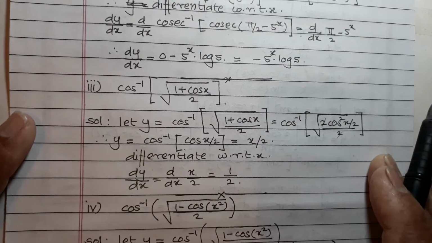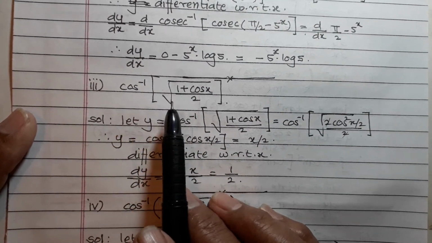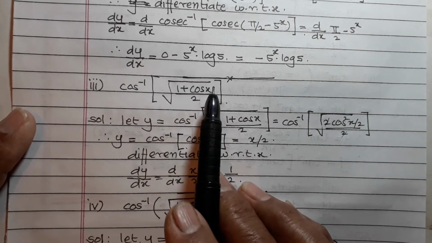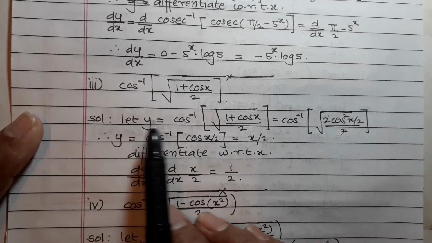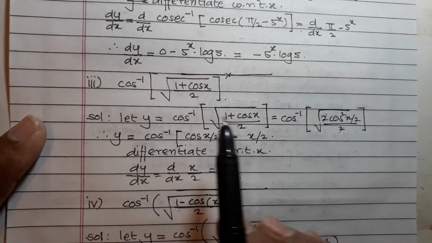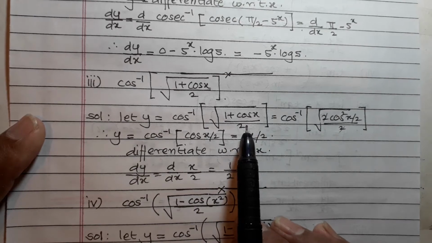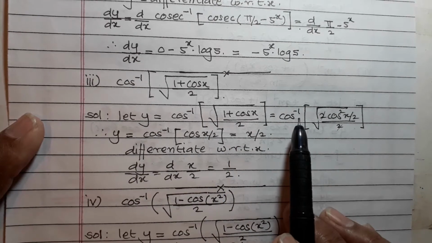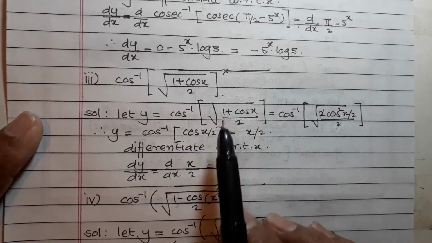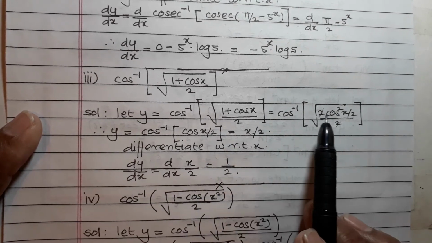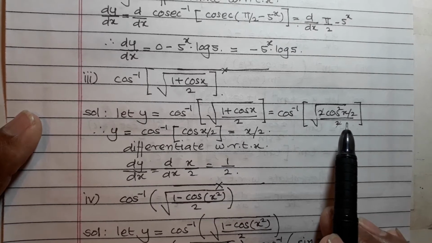Question number 3. Cos inverse root 1 plus cos x upon 2. Solution, let y is equal to cos inverse root 1 plus cos x upon 2. Simplify this: 1 plus cos x is equal to 2 cos square x upon 2, upon 2.